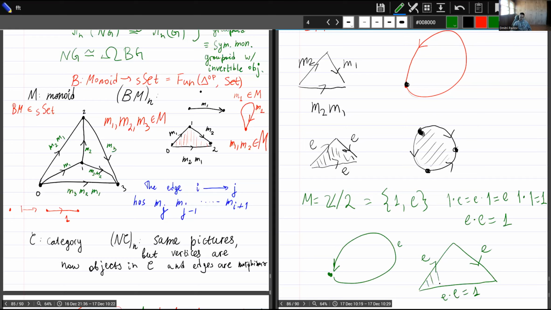And notice something interesting here. This two-simplex has a degenerate face, a degenerate edge, but it's not degenerate as a two-simplex because degeneration can only produce degenerate edges between consecutive vertices, right?